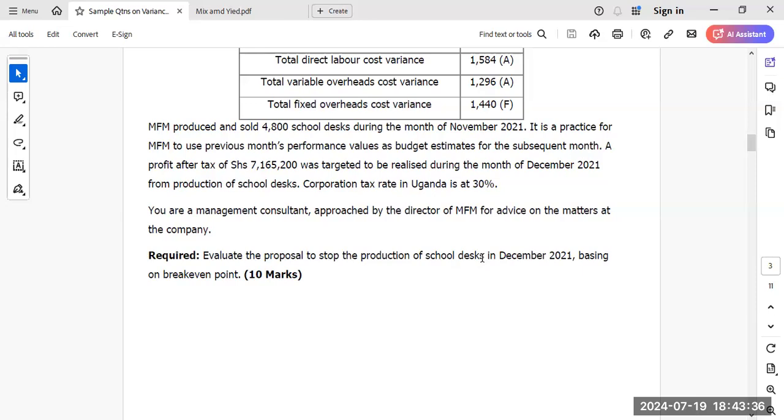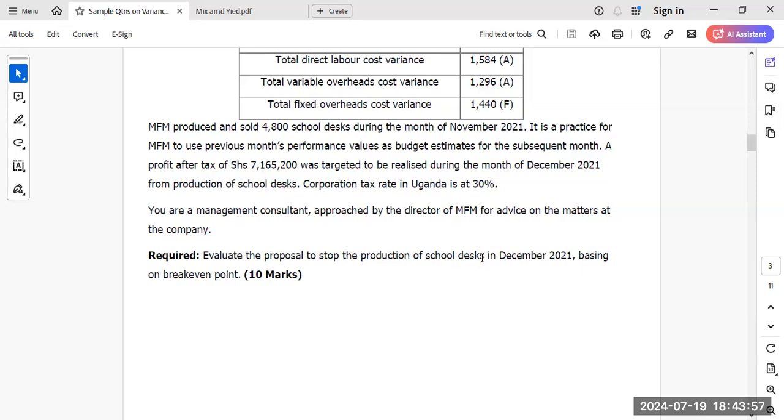Before break-even point, you are not earning any profit. You're just still recovering what you invested in. So you compare break-even point with the current production.